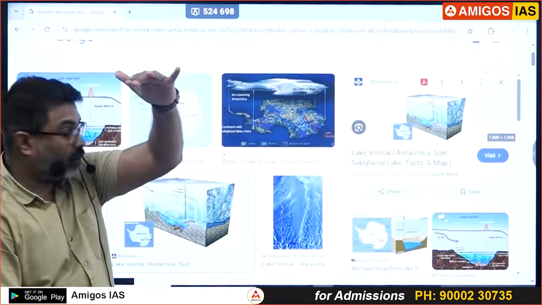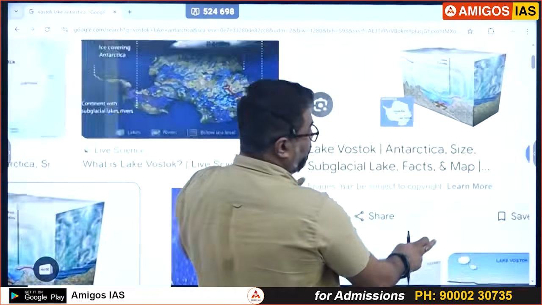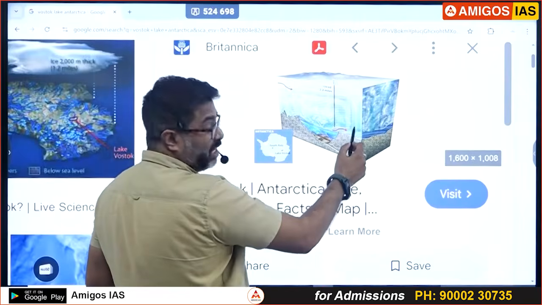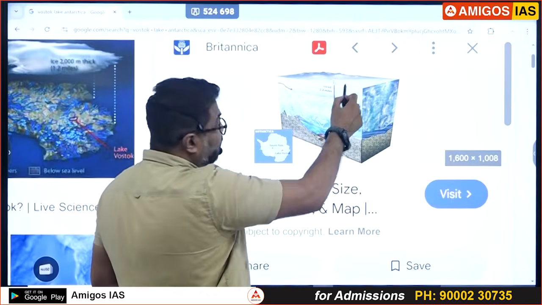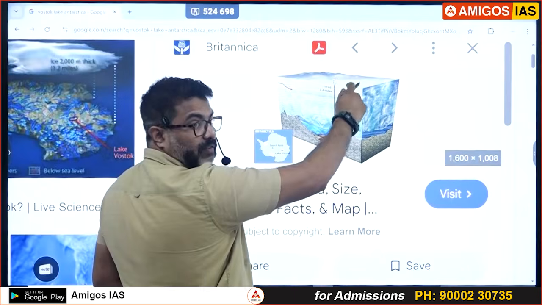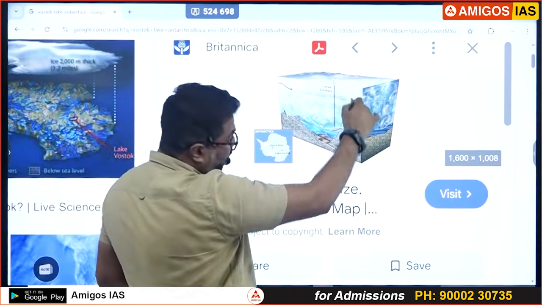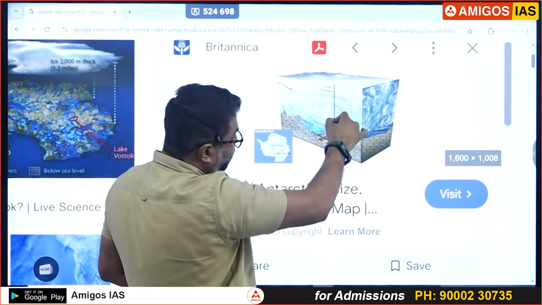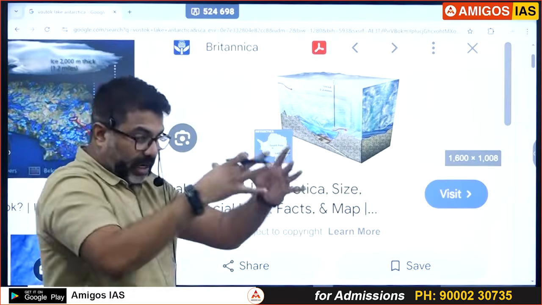Many millions of years old ice is below here, let's say 65, 66 million years old. Today's ice will be at the top, fresh snow falling on it, and the oldest ice will be at the bottom. When you drill through this, you get an ice core.